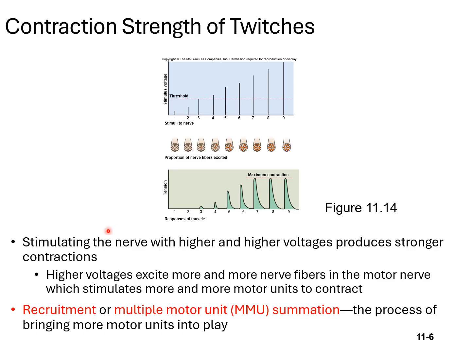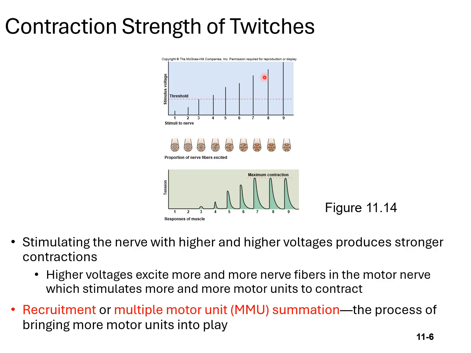To explain this with words, stimulating a nerve with higher and higher voltages produces stronger contractions, as you can see here. Higher voltages excite more and more nerve fibers in a motor nerve, which stimulates more and more motor units to contract. You can see none here, none there, because it's subthreshold. Right at threshold it recruits 1, then 2, then 4, and then almost all of them.